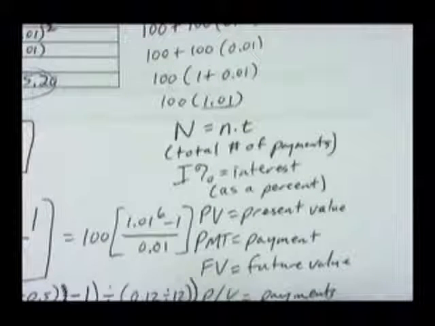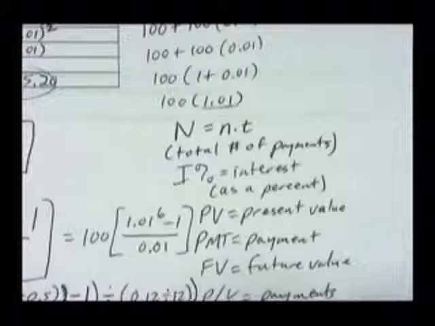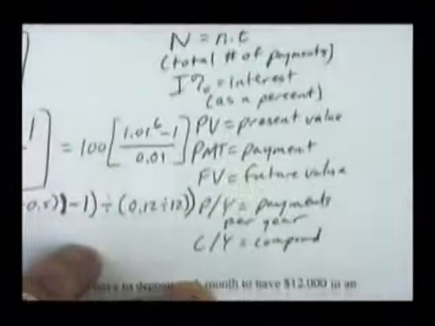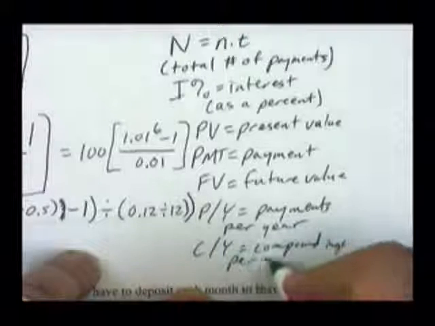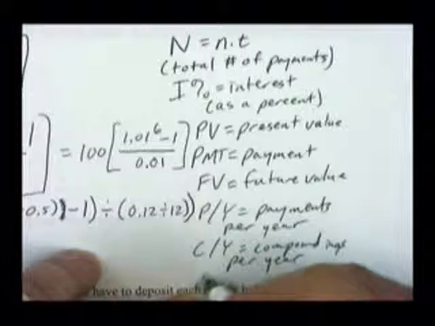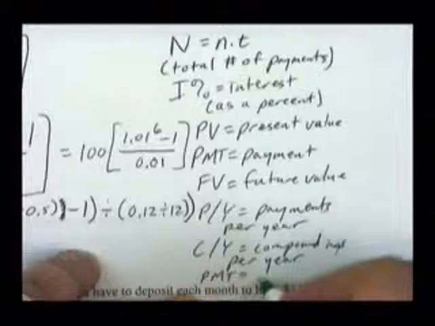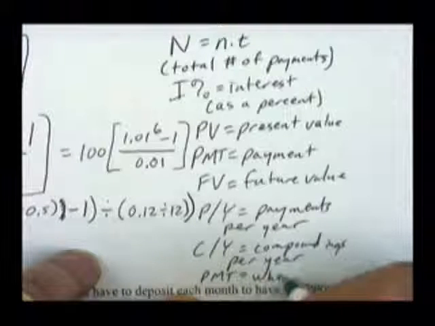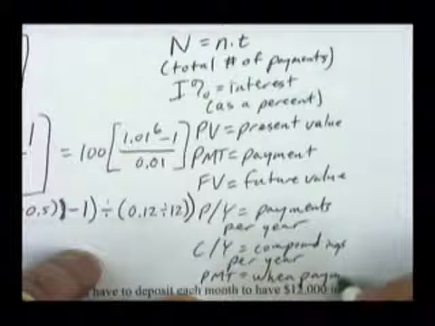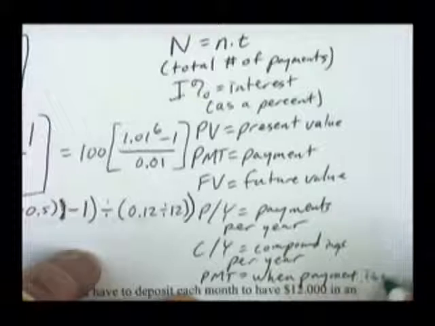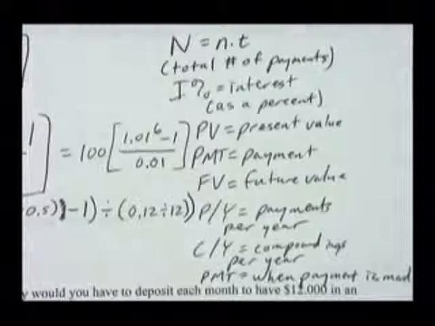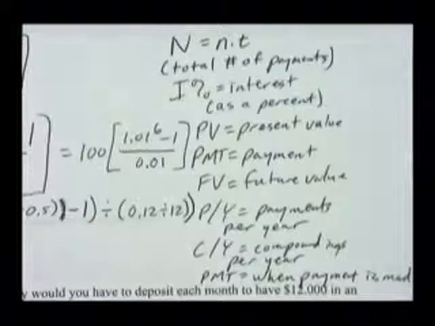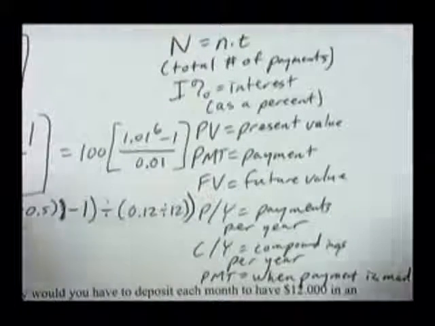C/Y is compoundings per year. And the last one, PMT, is when payment is made. What we're going to typically do in this class is always make the payments at the end of the month, just like our example here said end of the month.